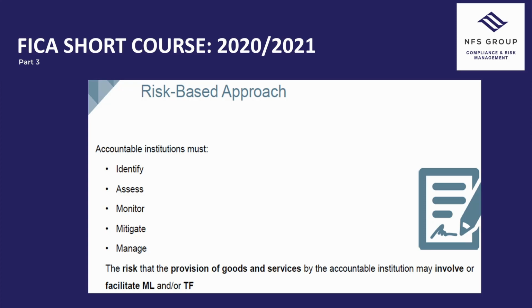Another conclusion that I've come to is that with a risk-based approach, the regulator looks at you to take the initiative, where the rules-based approach puts a number of rules in place.